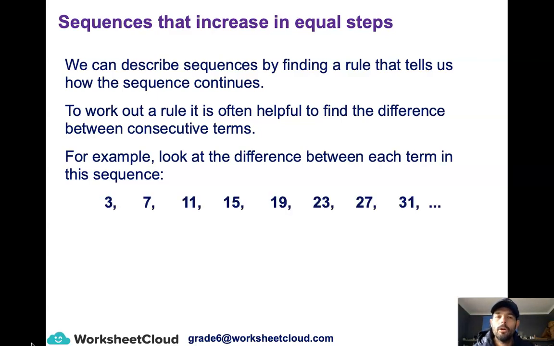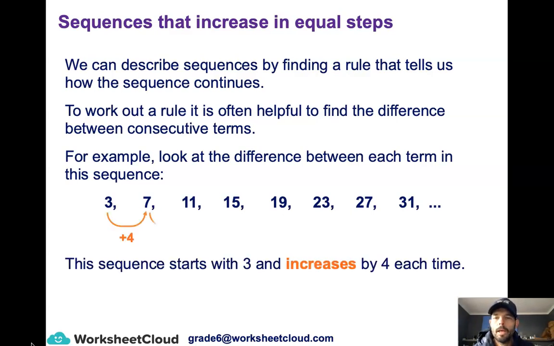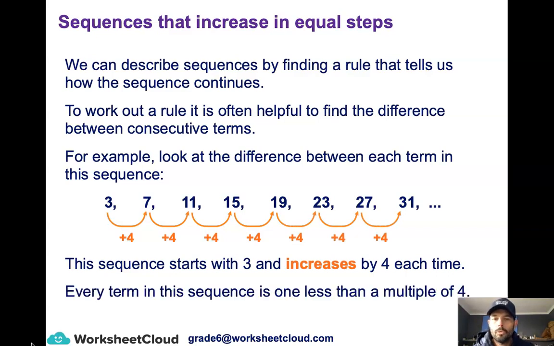So if we look at the sequence on the screen, 3, 7, 11, 15, 19, 23, 27, 31, you should be able to notice that the sequence starts at 3 and then increases by 4 each time. All right? So your rule there is that you add 4 each time.